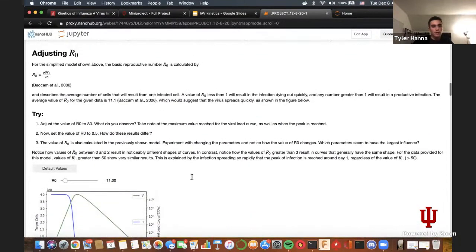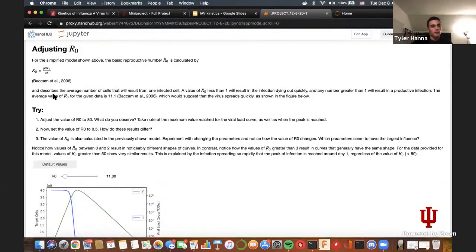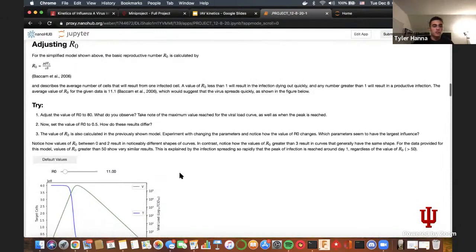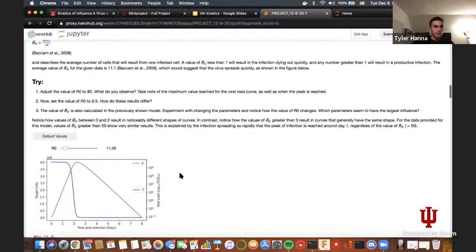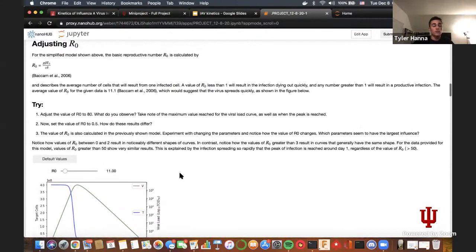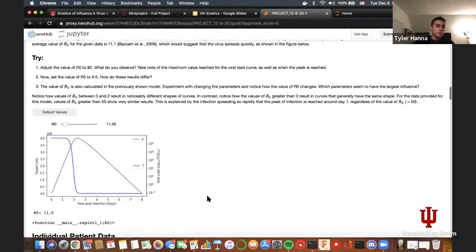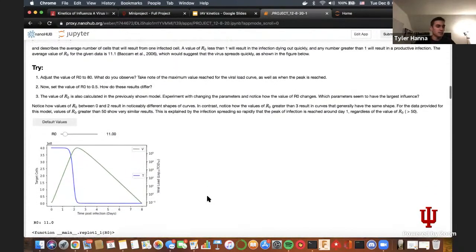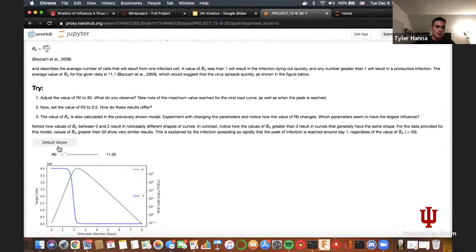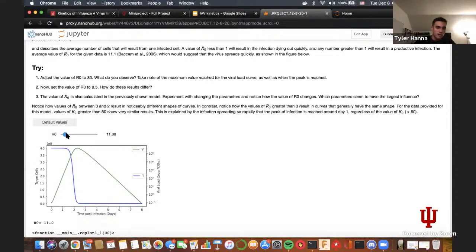And here we can mess with the value of R naught, which I believe the average value for this, according to this paper, was 11, which represents about one cell infecting about 11 other cells on average. And by increasing R naught, we see the infection spreads very rapidly in the start.